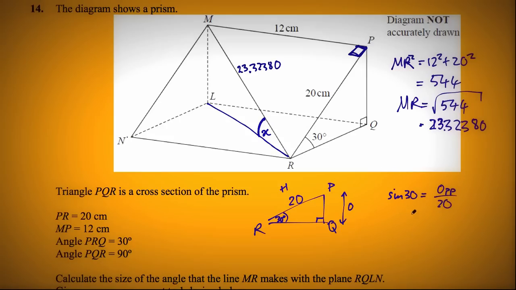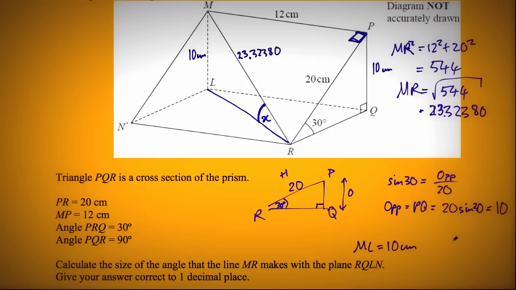So opposite, which is PQ, is 20 sine 30. Sine 30 is a half, so 20 times a half is 10. So PQ is 10 centimeters, which means that ML is also 10 centimeters, because it's equal to PQ.